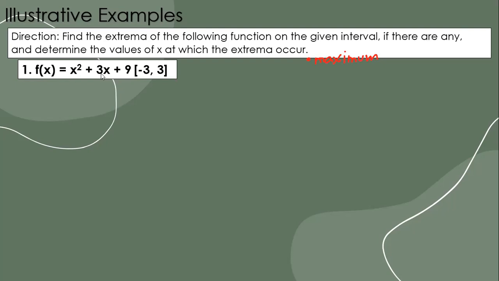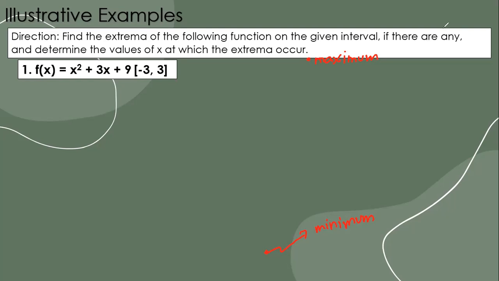And also, on the other hand, ito naman yung pinakamababa. Thus, that is the minimum point. Okay? So we will use the steps in the previous slide to find the maximum and minimum point. So nasaan nga ba yun? Okay, so anong y value nun? Okay, with our given x values. So let's try.